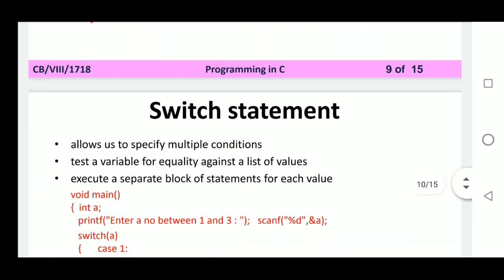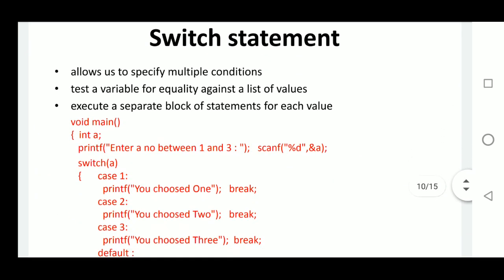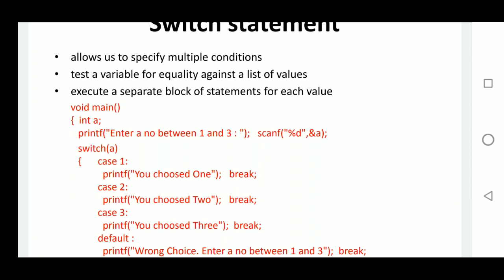Okay. Switch statement: it allows us to specify multiple conditions. In a switch condition you can also define multiple conditions. It will test a variable for equality against a list of values. What is happening is it will compare a condition that is equal to the given cases.